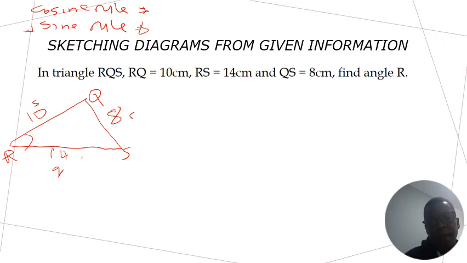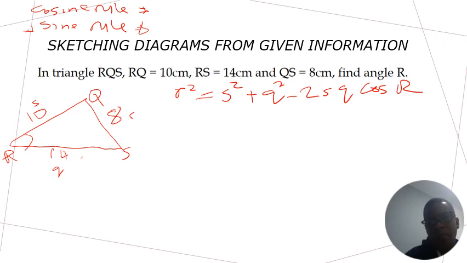Okay? What does cosine rule say? So in this case, if it's to find that angle, it means the cosine rule will read like r squared, the opposite of that, which is s squared plus q squared minus 2sq cos, in this case, r. All right.